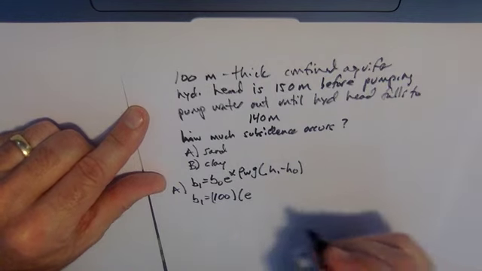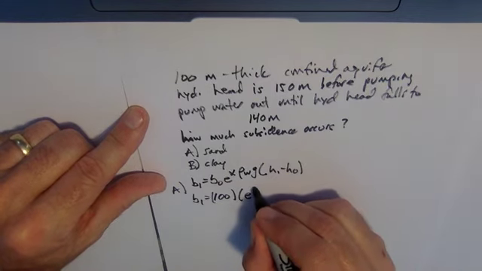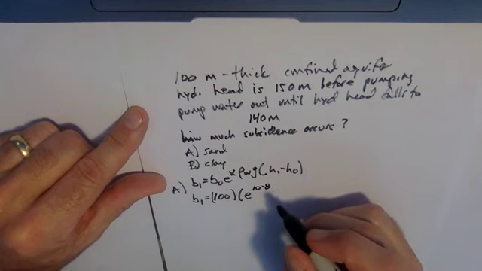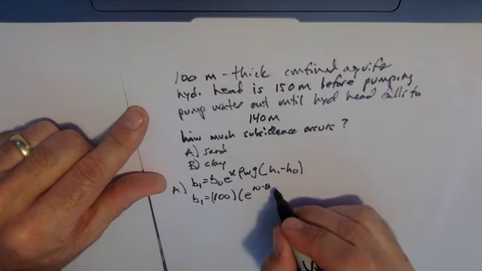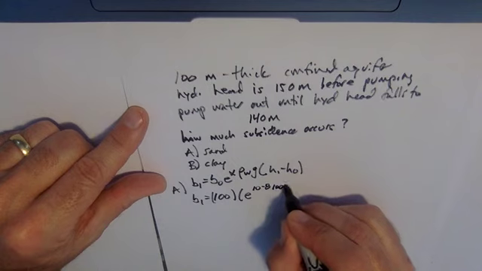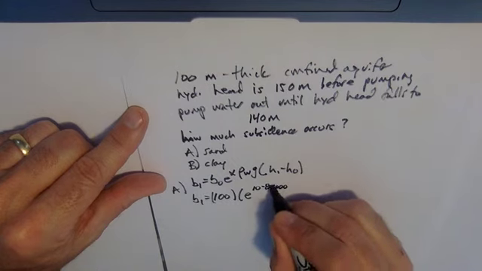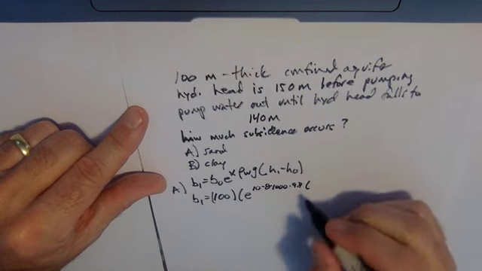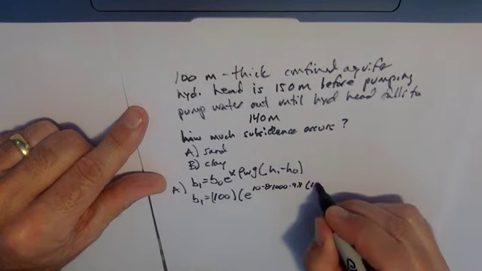It's 10 to the minus 8, times the density of water, which is 1,000, times gravity, which is 9.8, times the difference in hydraulic head, which is 10 meters.